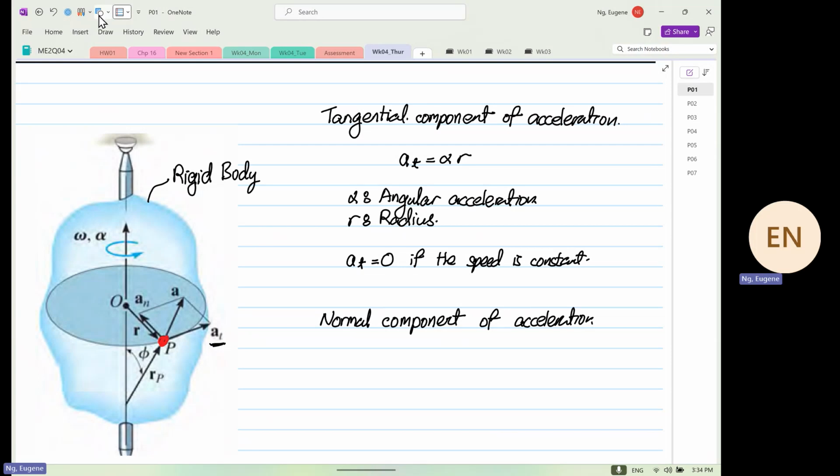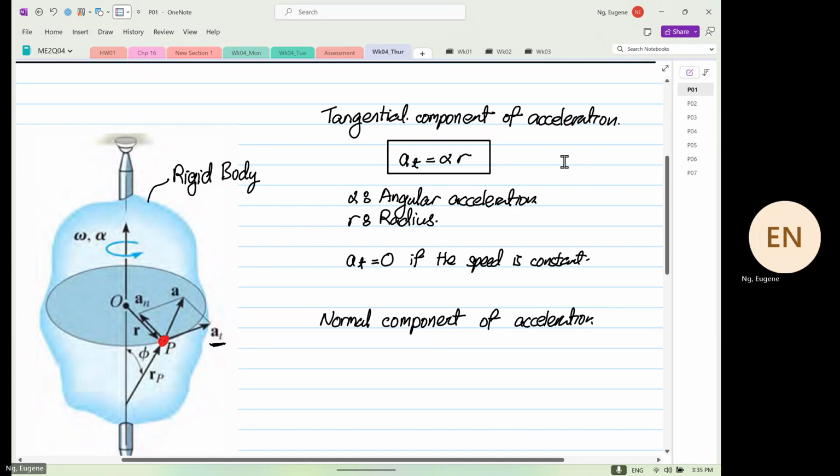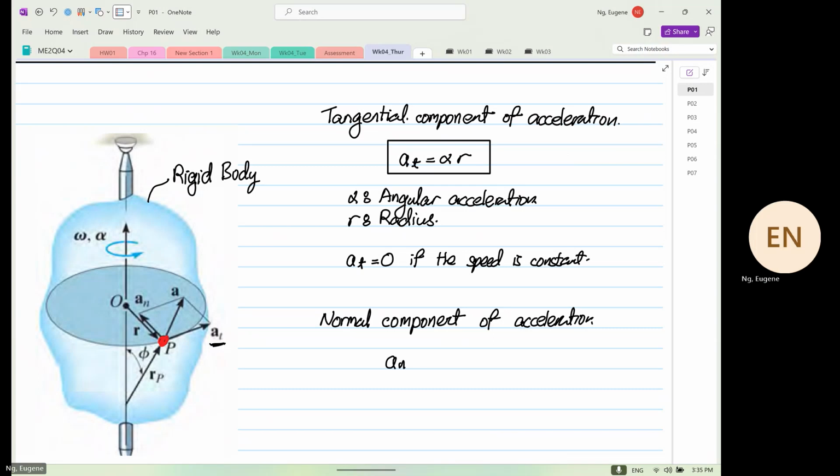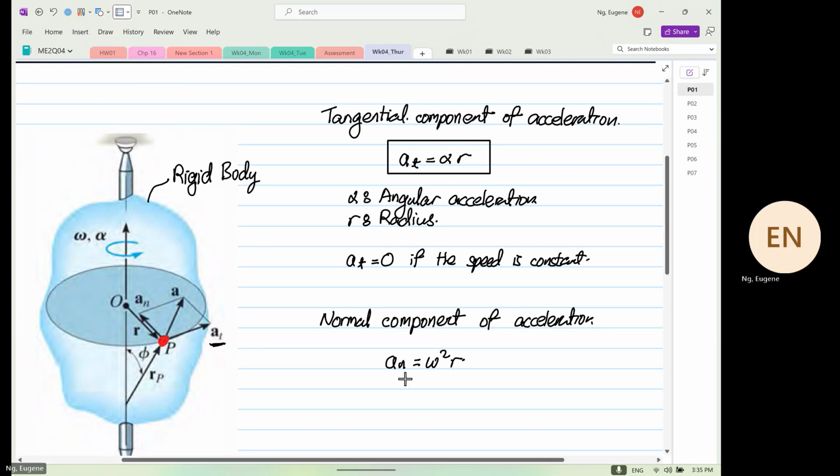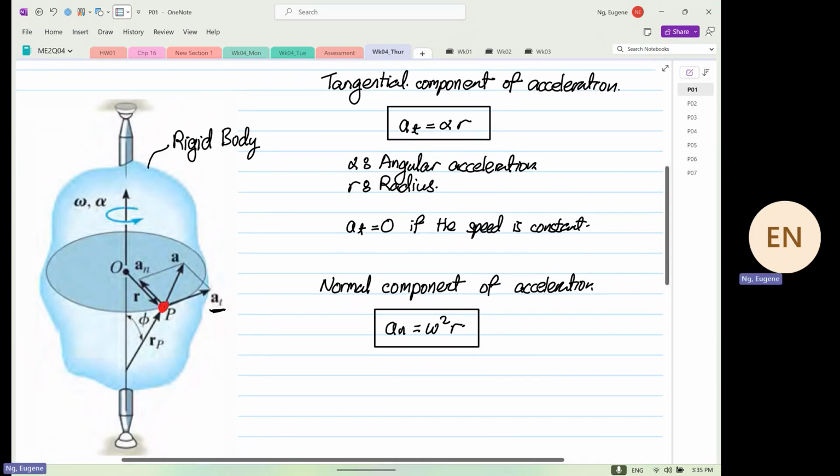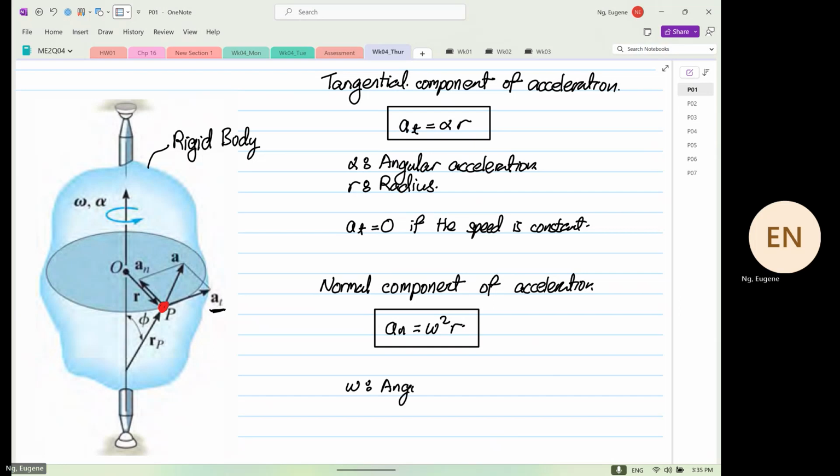Okay, and I think I will highlight this up. And AN, we call it AN, is equal to omega squared R, where we know that omega is our angular velocity and is in radians per second.